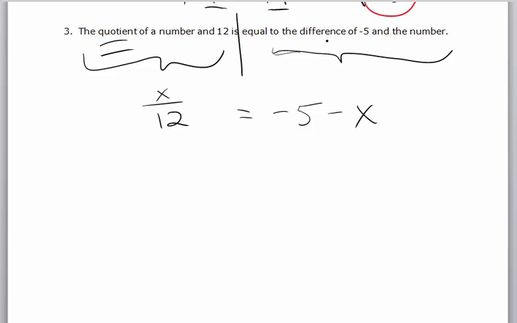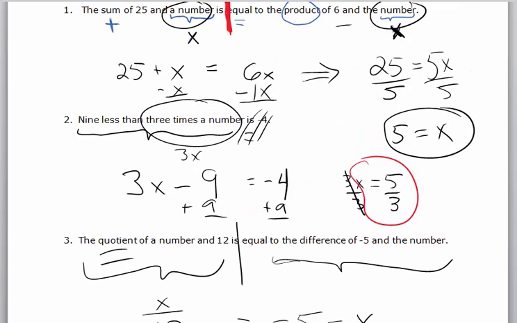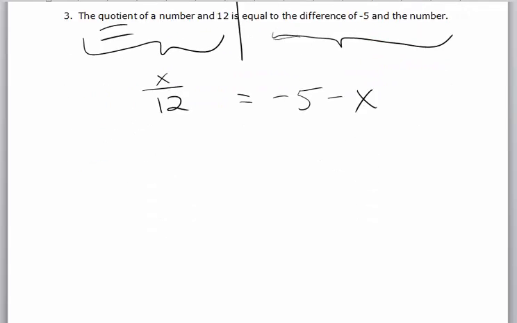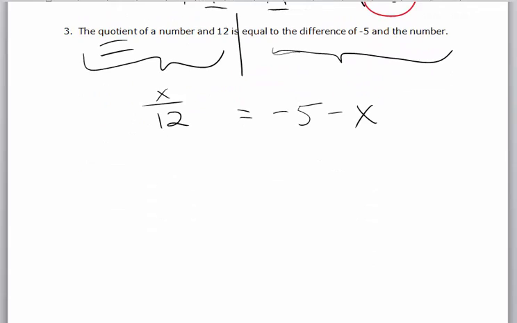If you ever see the difference of negative 5 and a number, it's negative 5 minus x, which is a little different than the last example when we saw 9 less. 9 less, the way that's worded, the 9 came after the variable term. But in this case, whenever you see the difference of negative 5 and a number, this number goes first, this number goes next. Okay, so here's my expression.